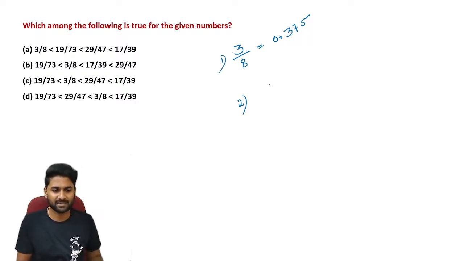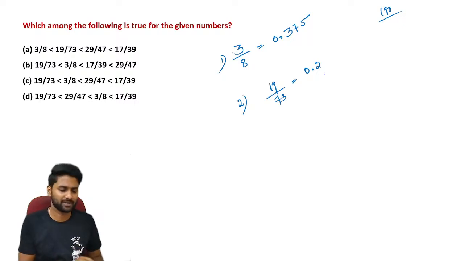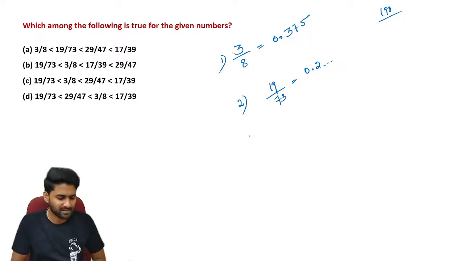Let's take the second number, 19 by 73. So 73 against 0 point. Now it becomes 190. Now see, 73 is multiplied with it 2 times. Let us take 2. So 0.2 something. So that's the result of 19 by 73. Third one, 29 by 47.